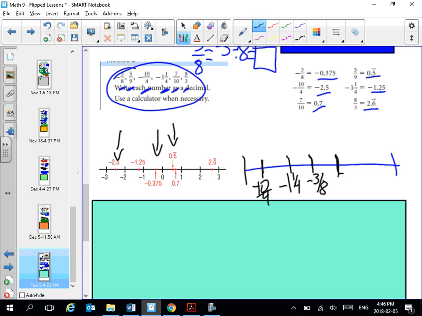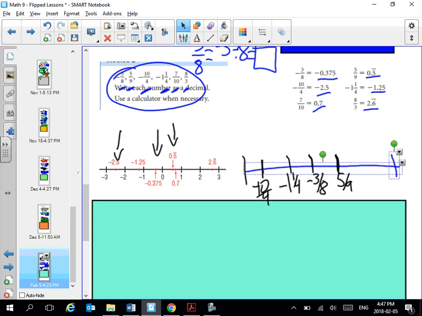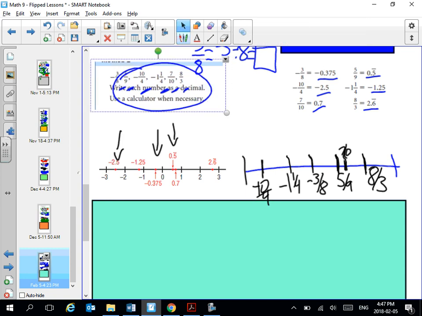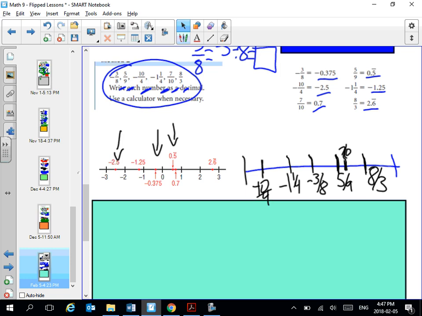Okay, so this is 5 over 9. My 0.7 is going to be very close. 0.7 is 7 over 10. And our very last one is 2.6, which is our 8 over 3 fraction. So that's how I can take those confusing batches of fractions and make them into a nice, orderly, easy number line.